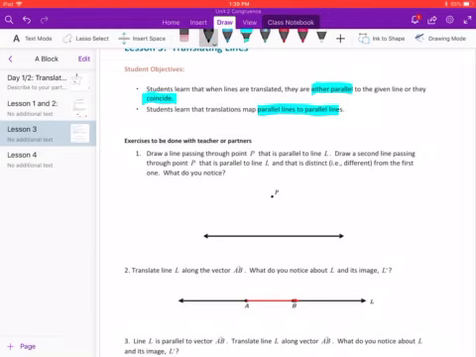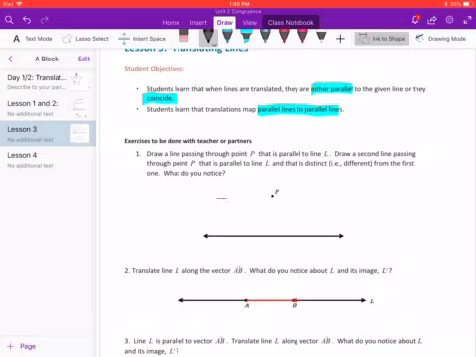So it says, draw a line passing through point P that is parallel to the line L. Draw a second line passing through point P that is parallel to line L, and that is distinct, different from the first one. What do you notice? So let's see what we can do. I'm going to try to draw a line.